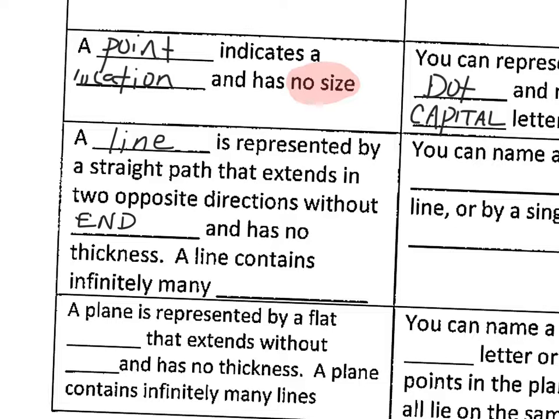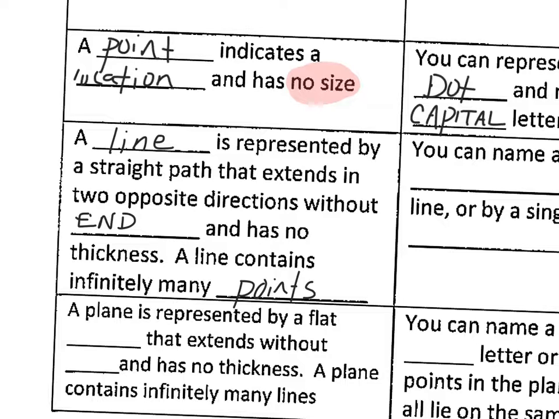Again, I know when we draw it, we need to give it thickness so we can visually see it, just like a point has no size, but we need to give it a size so we can visually see it. A line goes on forever and ever, and it has no thickness. A line contains infinitely many points. So the way you create a line, and this is why it has no thickness, is because you take an infinite amount of points and you just put them next to each other.